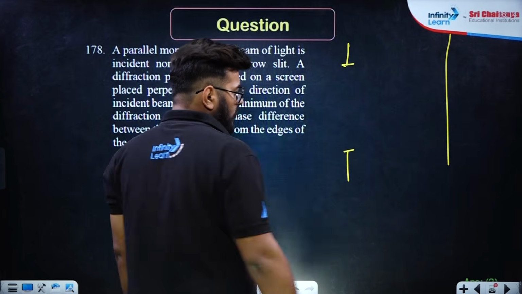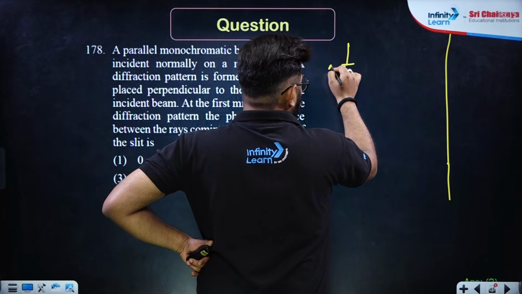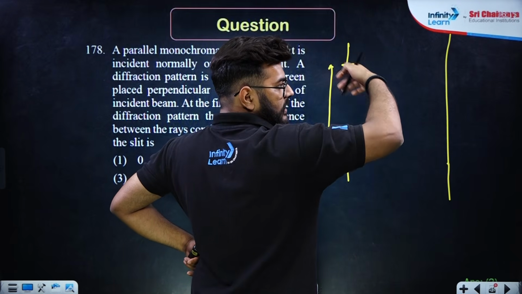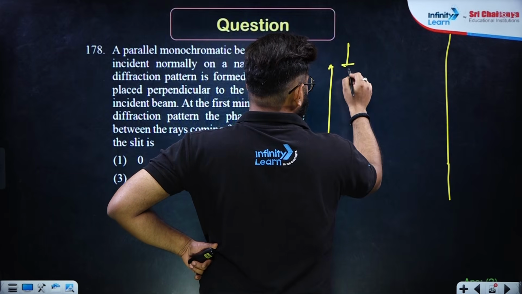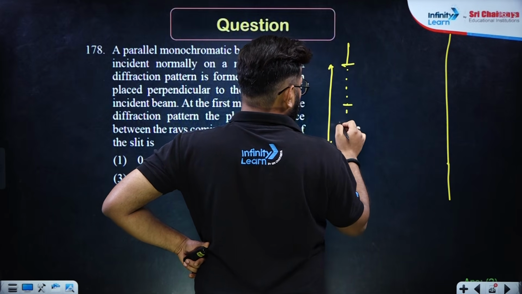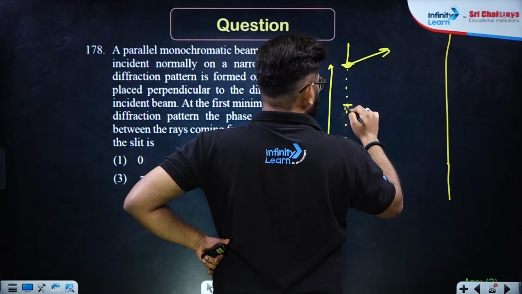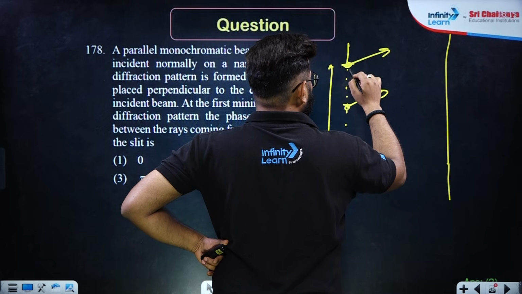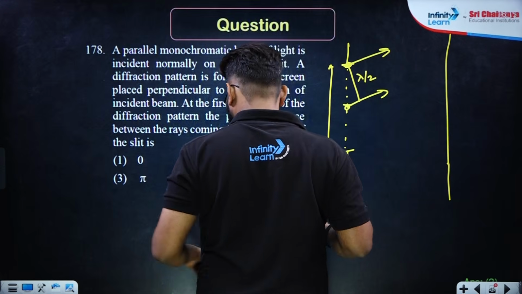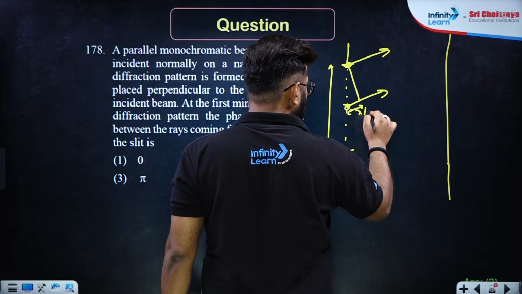Now see, whenever you want to find out the minima, what you do is you basically break the entire slit into sections of 2, 4, 6, like that. So first I'll break it into 2 sections of a by 2, a by 2. Any wavelet over here like this and this will have a path difference between them equal to lambda by 2.